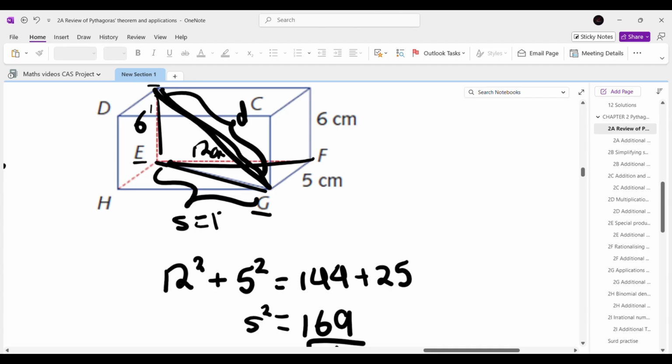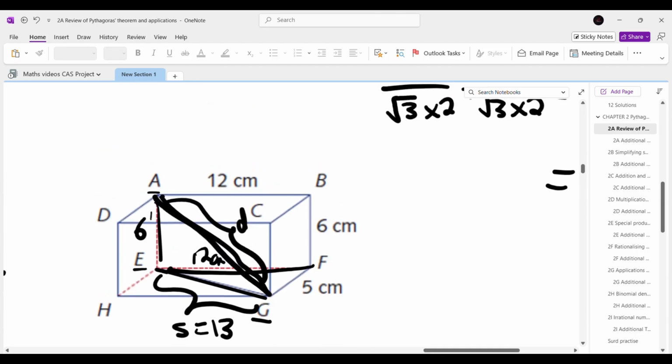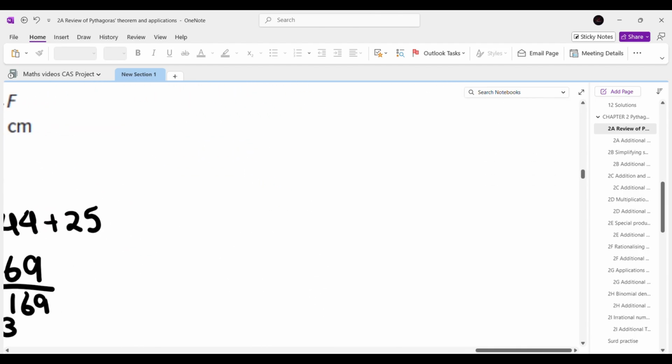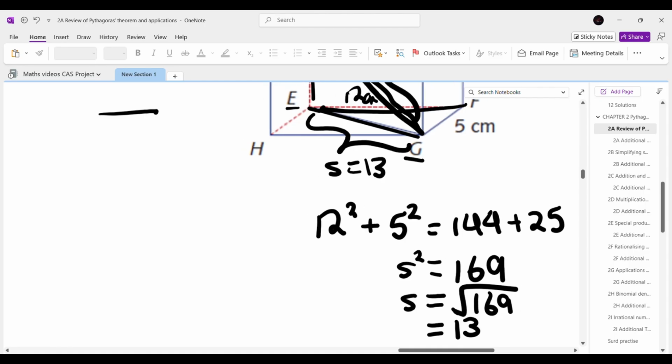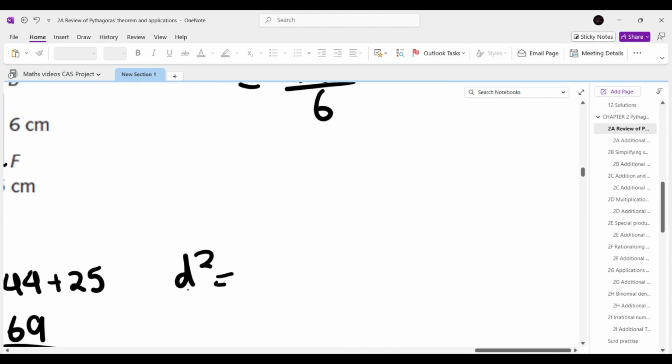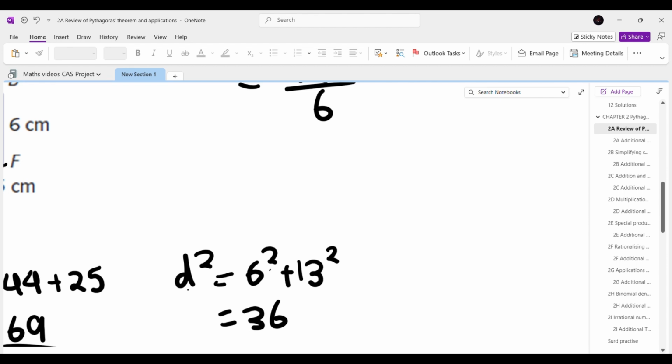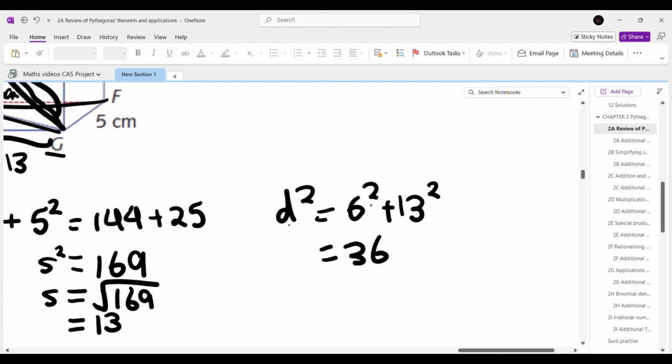So when S equals 13, now in order to find D squared equals 6 squared plus 13 squared, which equals. The reason it doesn't matter if you simplify or not is because here you just end up squaring it.